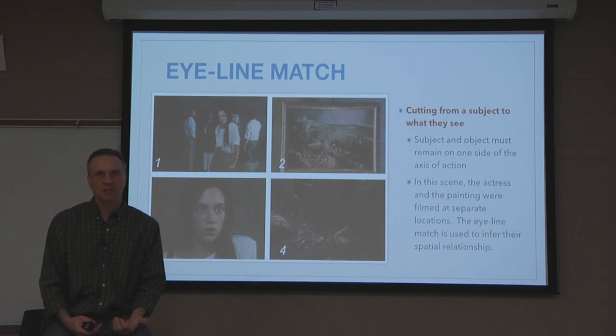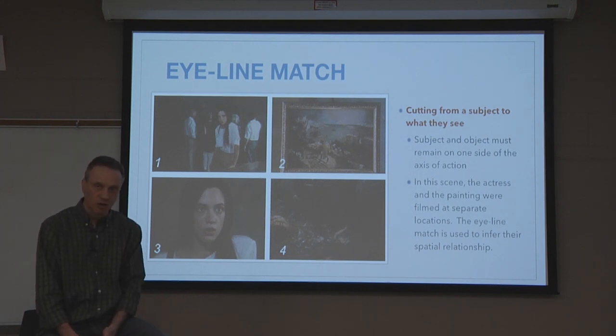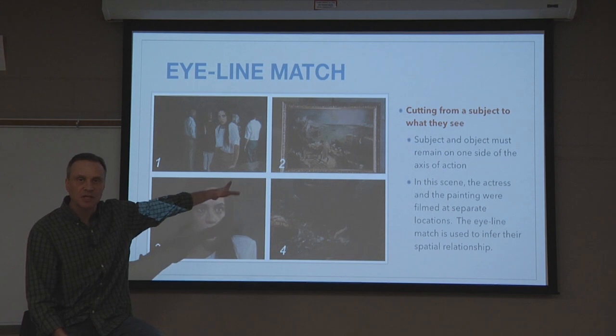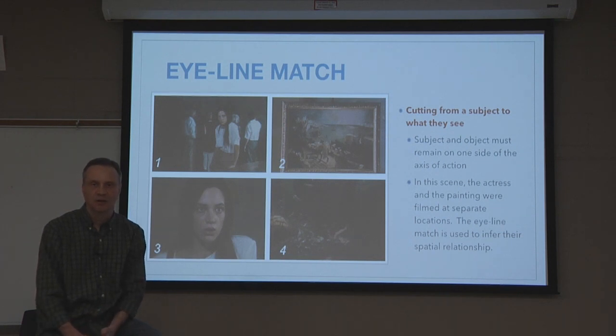Well, what we need to do in this situation is something called an eye line match, where we film her looking at something off screen. Of course, nothing's there. Then we go film the painting at the museum on our own, making sure that when we shoot it, it's going to match her eye lines.